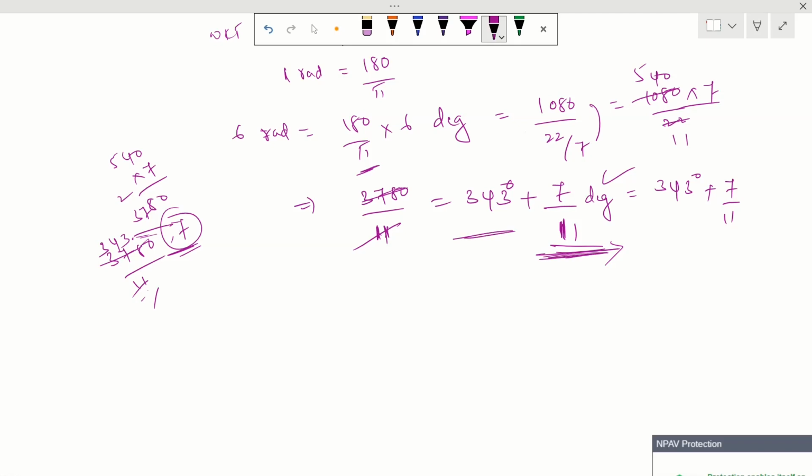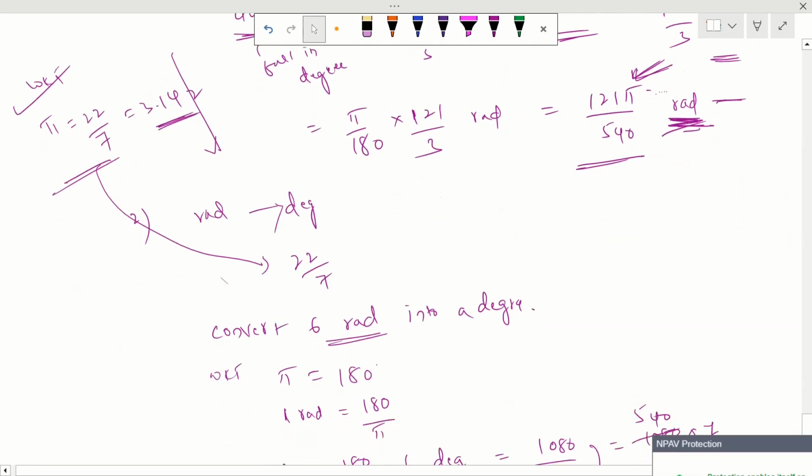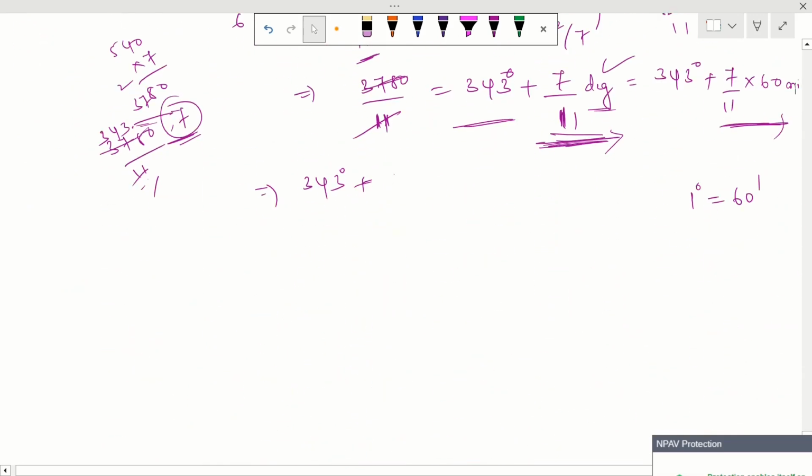The second term I am converting into minutes. 1 degree is 60 minutes. So if I multiply this term by 60, the whole term becomes minutes.